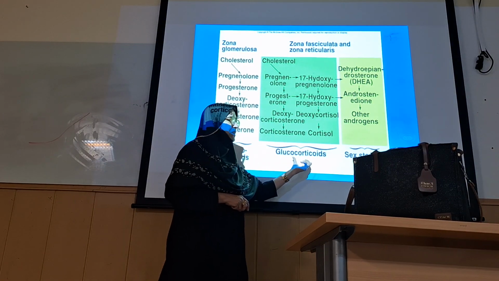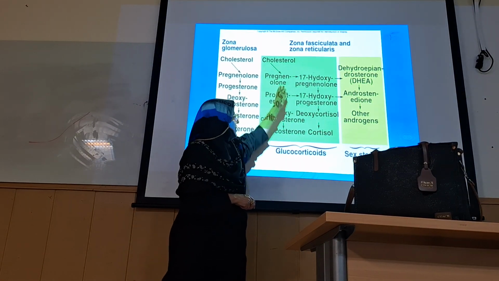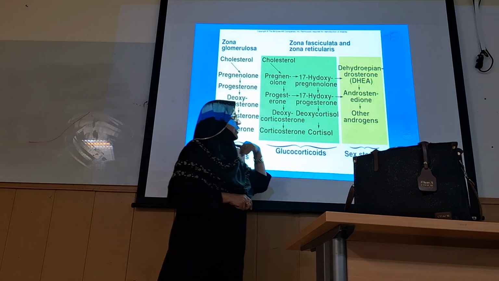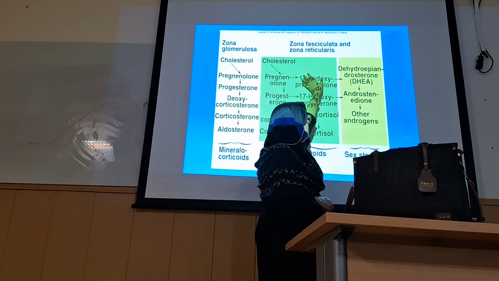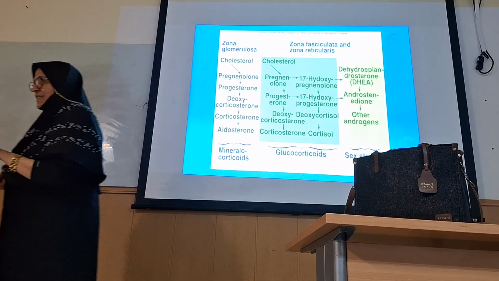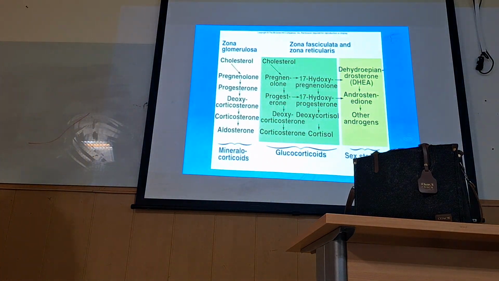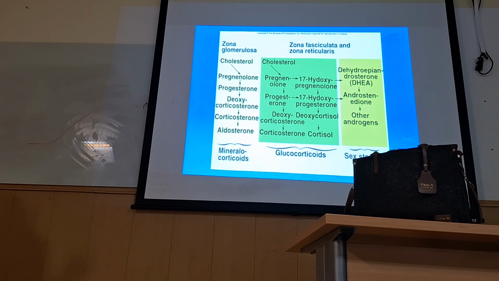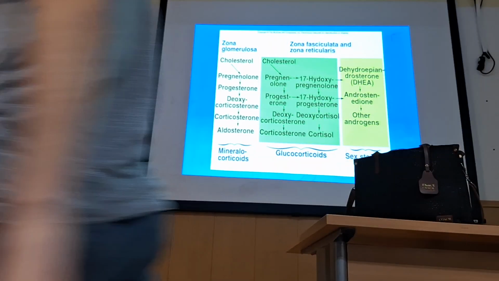When we need glucocorticoid, pregnenolone converts to glucocorticoid. When we need sex steroids, pregnenolone converts to sex steroid. Therefore, the first phase, cholesterol converting to pregnenolone, is common in the synthesis of these hormones. Okay?